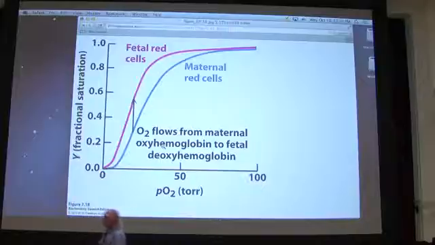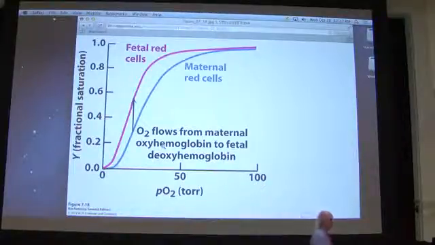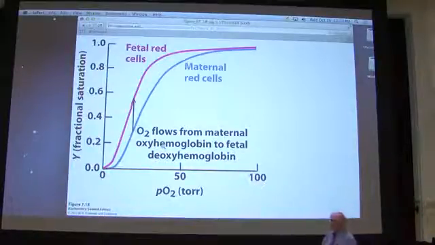What does that mean? Well, one thing it means is that the donut hole no longer binds to 2,3-BPG. It means, therefore, that the fetal hemoglobin will exist in the R state much more so than mom's will.